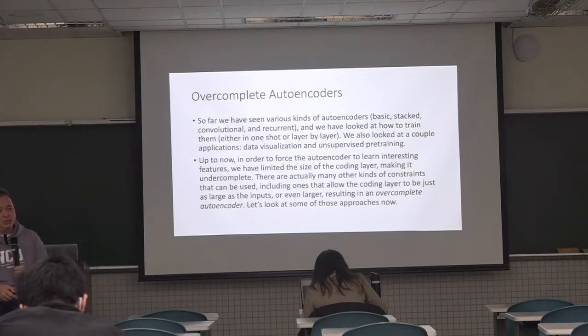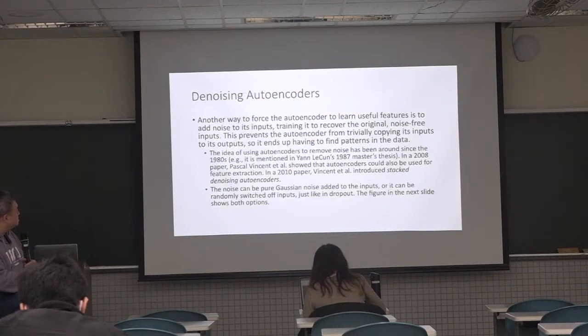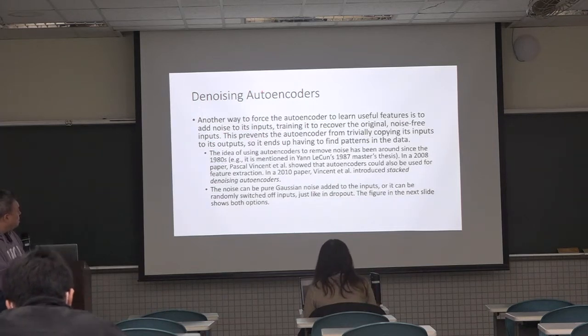In that situation, you may need an over-complete autoencoder, because the constraint does not come from the architecture or the structure of the autoencoder. It comes from the data itself, because the data is noisy. So the constraint is the noise in the data. The autoencoder that deals with the noise is called the denoising autoencoder.